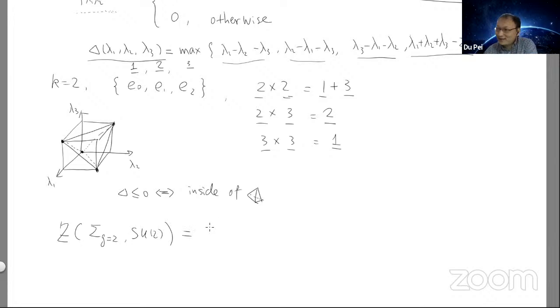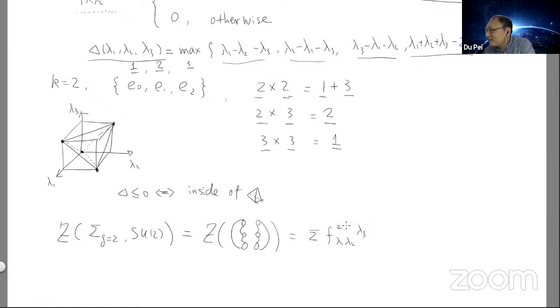And because the genus 2 Riemann surface can be cut into two pairs of pants facing opposite directions, you will simply have a sum that looks like the following.